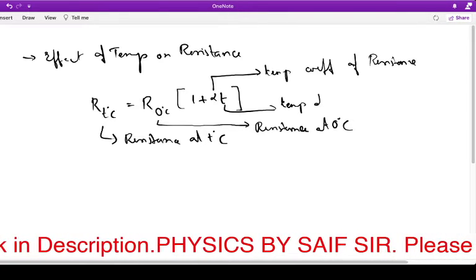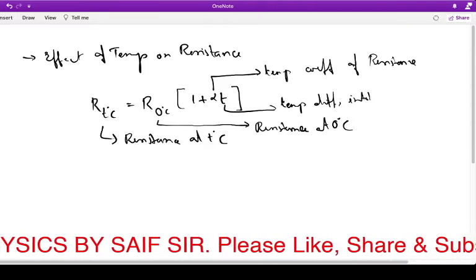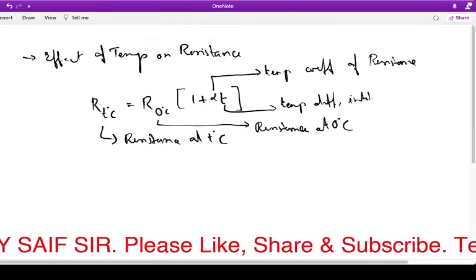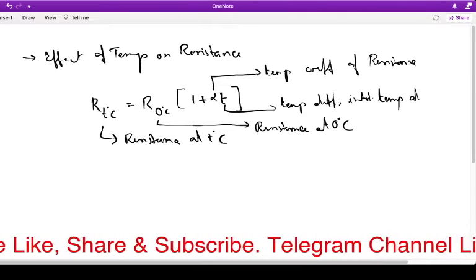Temperature difference, initial temperature at 0 degree.